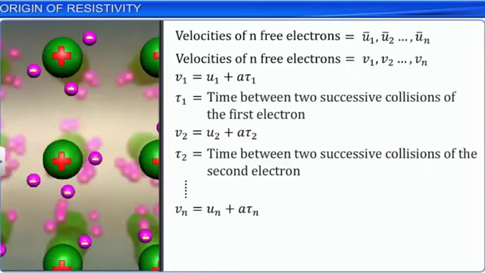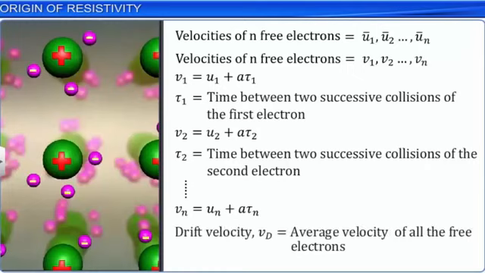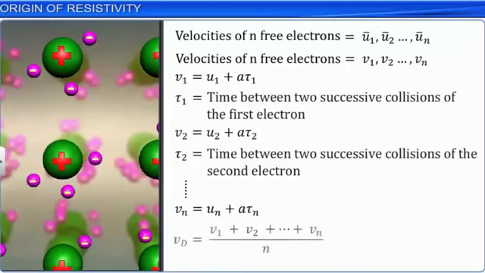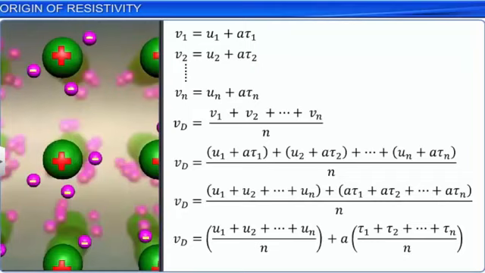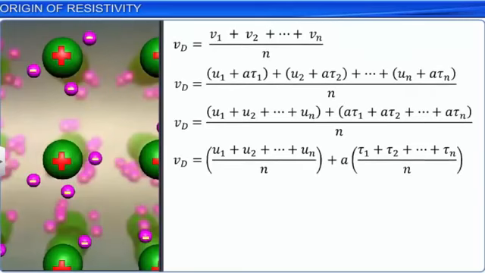The average velocity of all the free electrons is equal to the drift velocity vd. Hence, vd is equal to v1 plus v2 plus and so on plus vn divided by n. Substituting the expressions for v1, v2, and so on till vn in the expression for vd and simplifying, we get vd is equal to u plus a into tau.